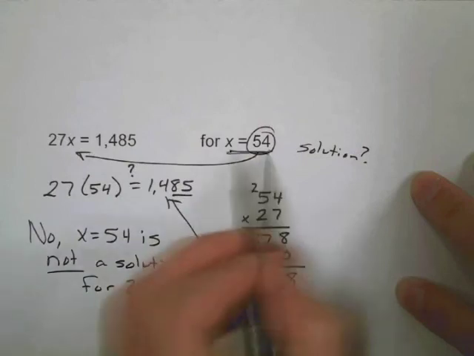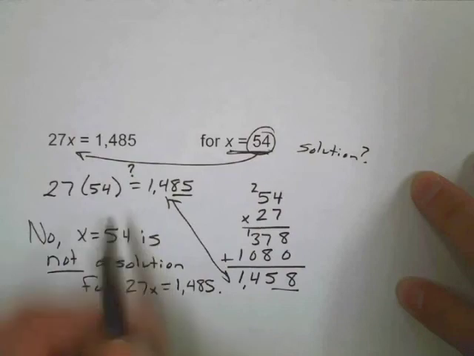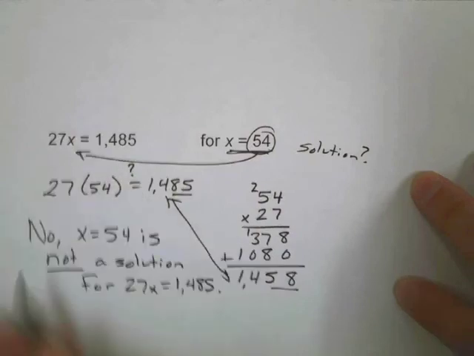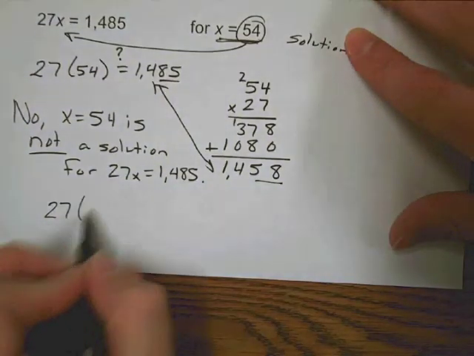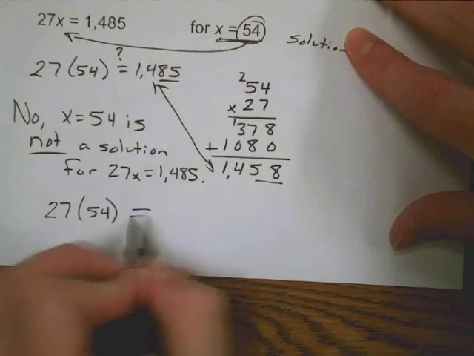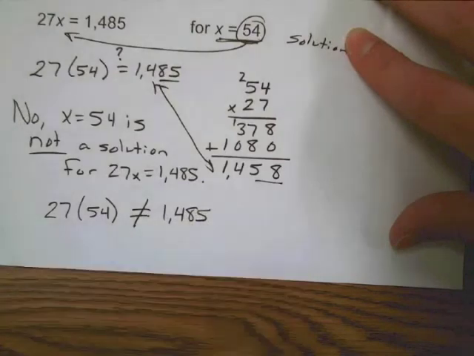That's not a solution because it doesn't come out to be the same on both sides. We could say that 27 times 54 is not equal to 1,485. So therefore it's not an equation.